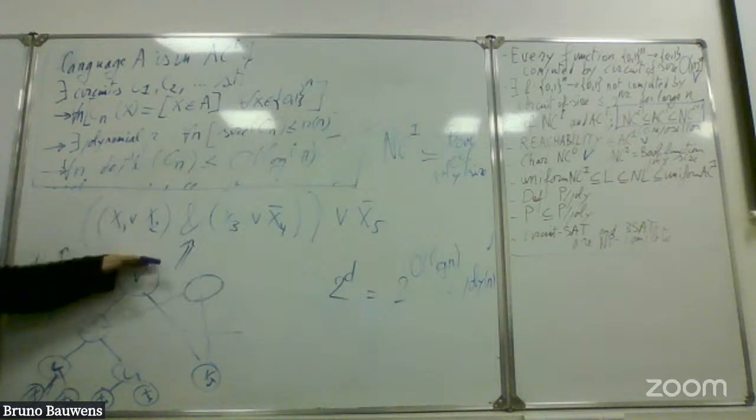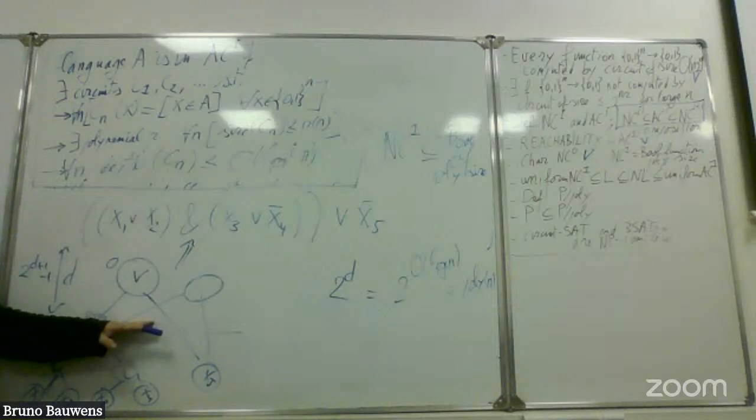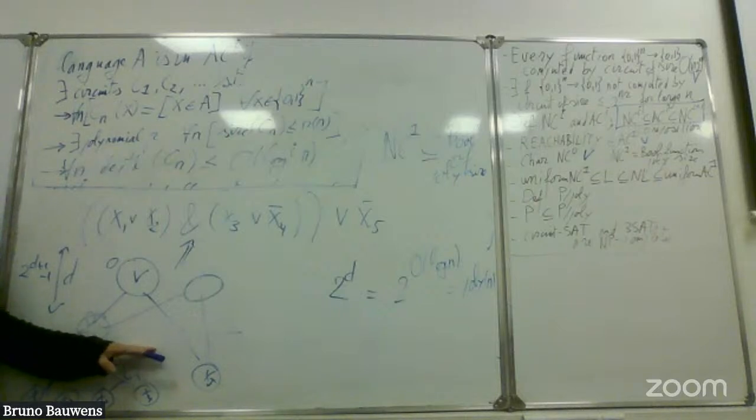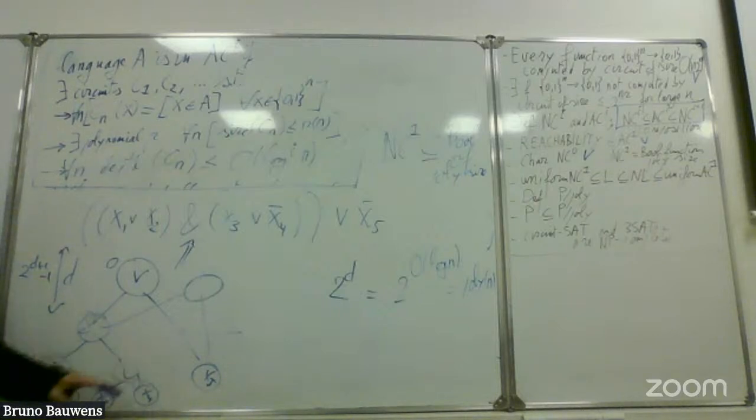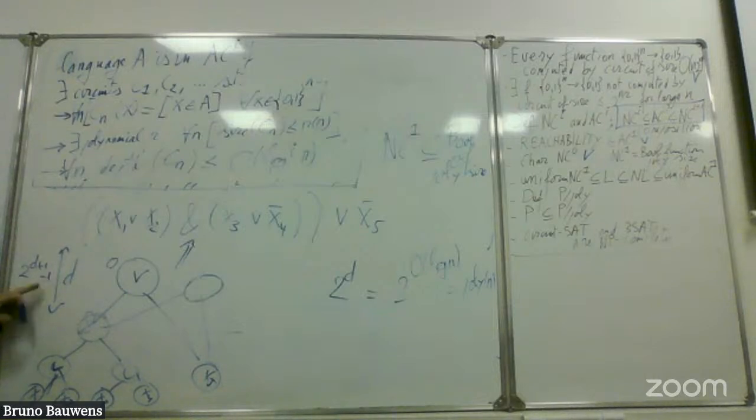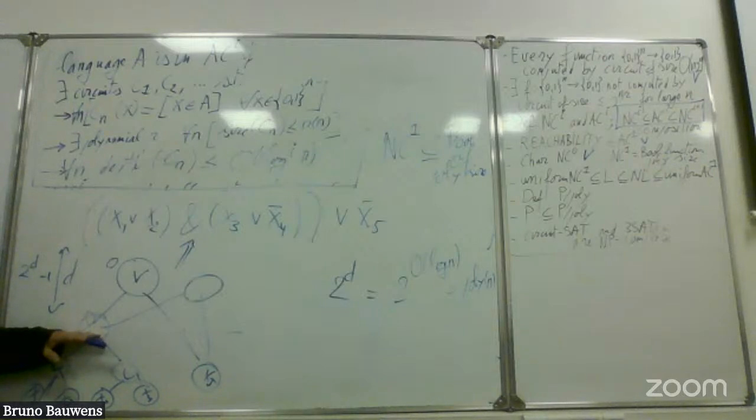On the next layer, we have at most 2 nodes. On the next layer, 4, and then 8. So there are at most 2 to the power d minus 1 nodes above the deep layer. No, plus 1, because, okay.